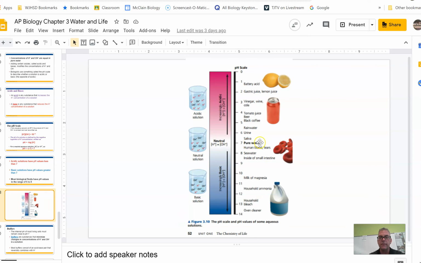Less than 7 pushes us towards the acidic range. Every number you see on here is a representation of the negative log of the hydrogen ion concentration. So if I'm looking at pH 12, what that's telling me is hydrogen is 10 to the negative 12, and therefore the hydroxide is 10 to the negative 2, because the sum of those two will give me 10 to the negative 14th.